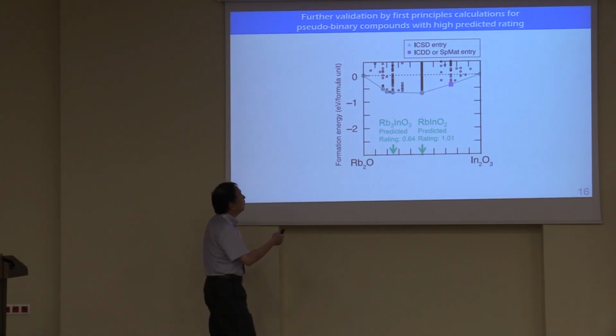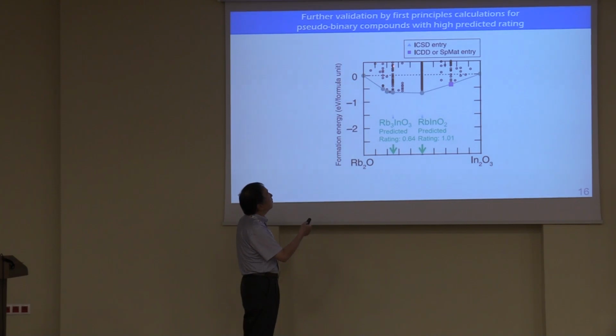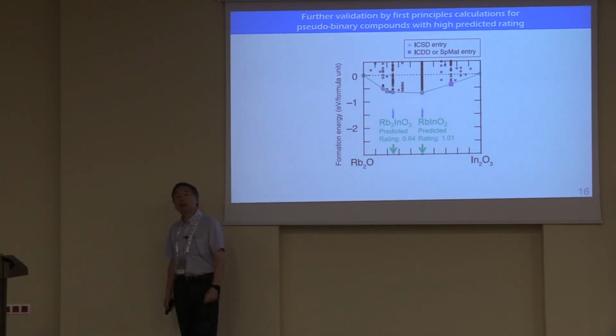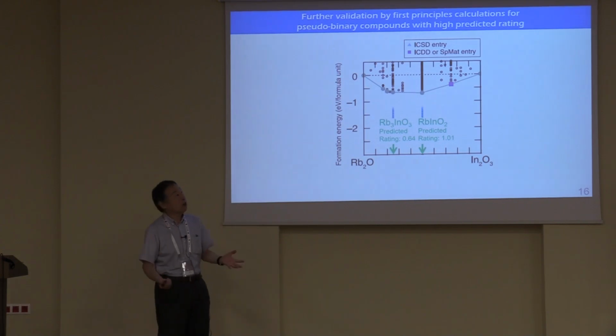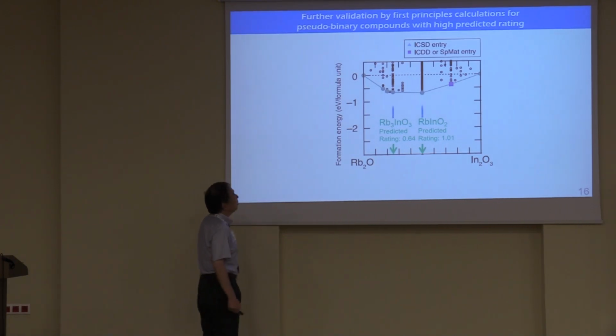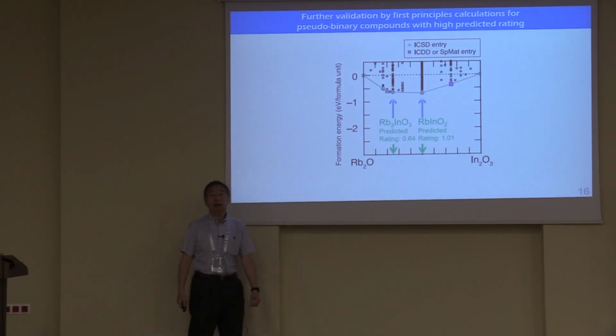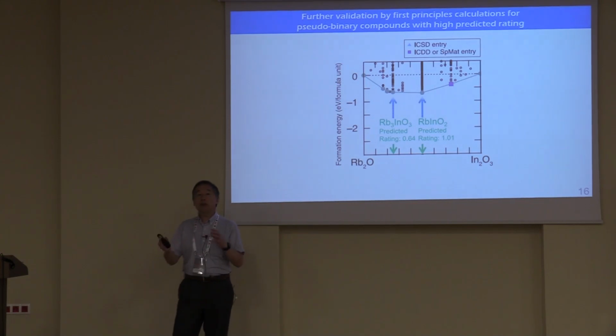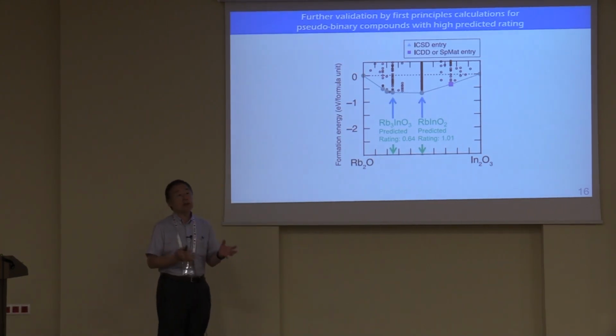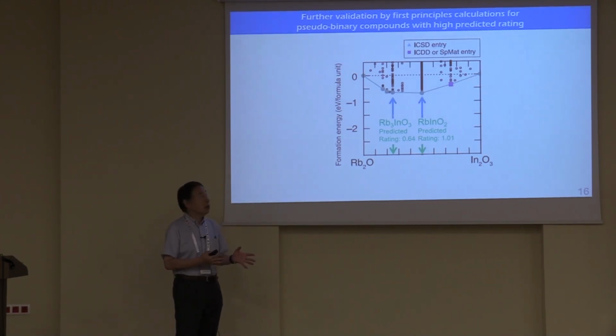Let me explain a little bit more about this picture. There are many, many dots here. All of them correspond to one first principles calculation, structure optimized by first principles calculation to get this formation energy. But the difference is the different structures. And we took many different structures from the ICSD database.